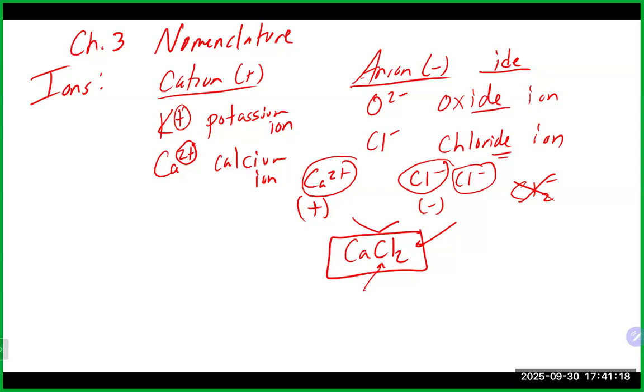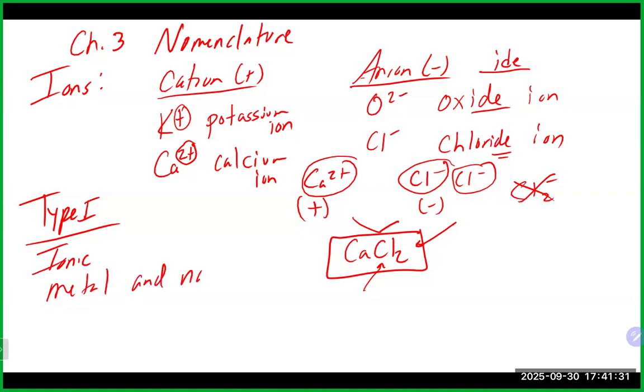To name an ionic compound, we talked about type 1 compounds, and type 1s are ionic. And again, with an ionic, you always have a metal and a nonmetal. And as I talked about last time, if a metal is involved, that's really what's going to determine how you name the compound.